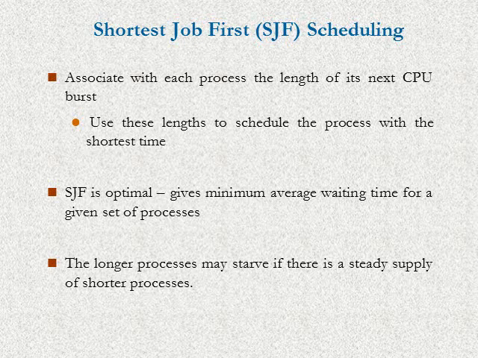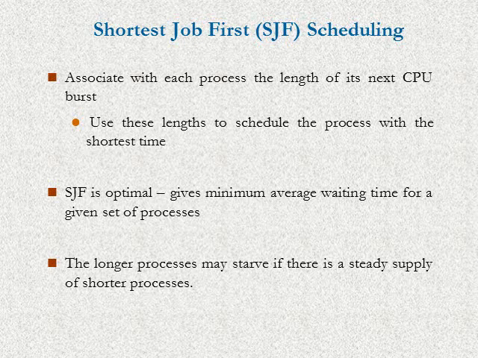In this way, from a pool of multiple processes waiting in the ready queue, the process having the shortest requirement for the processor will be picked up by the scheduler and passed on to the processor.